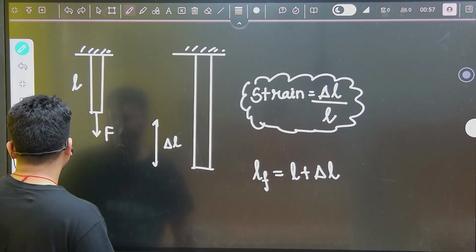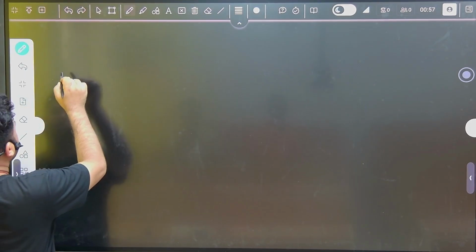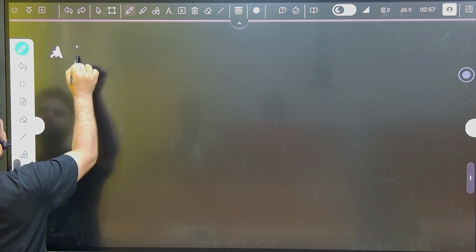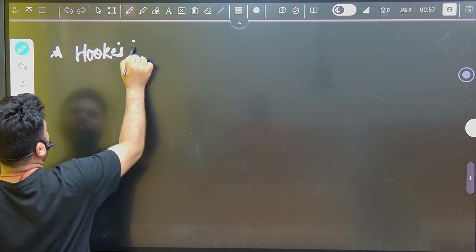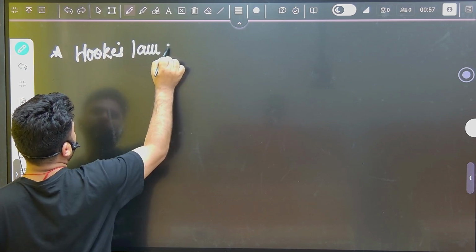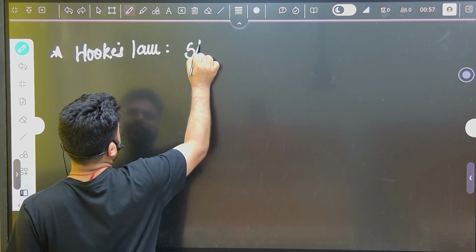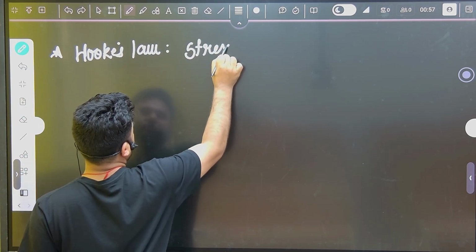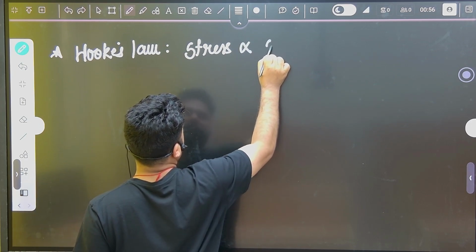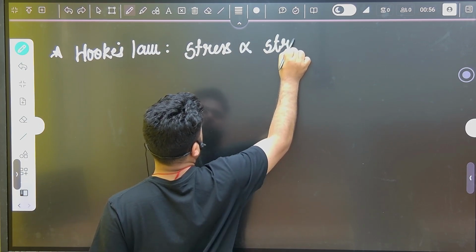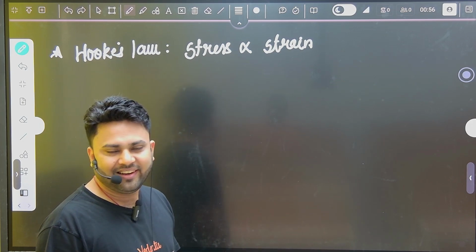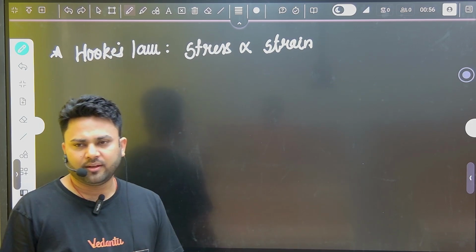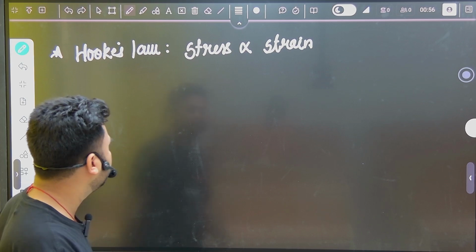Understood? Now we have one law which is called Hooke's law, which states that stress is directly proportional to strain, up to the elastic limit.